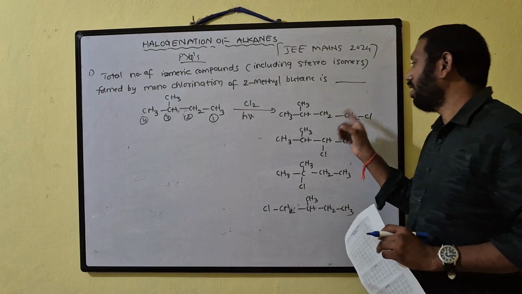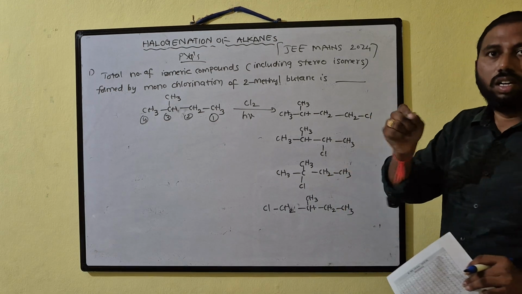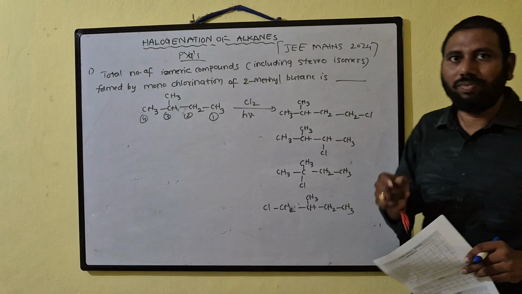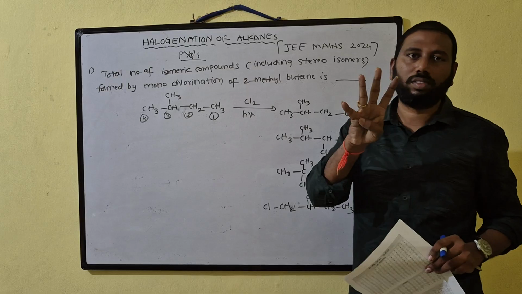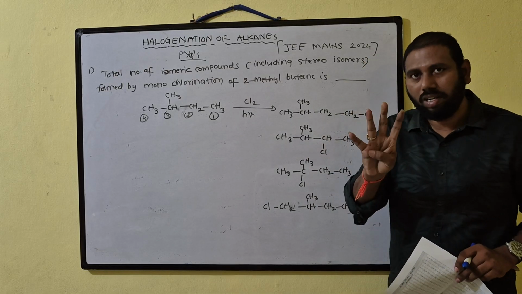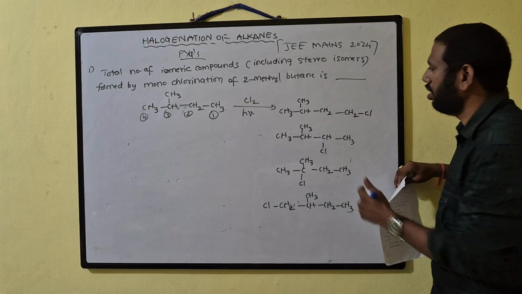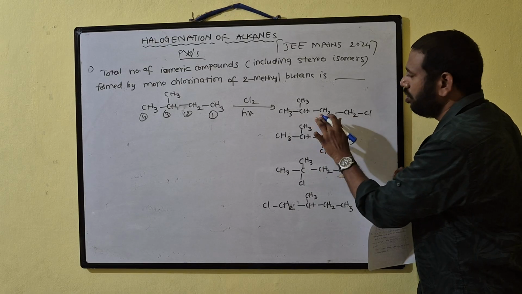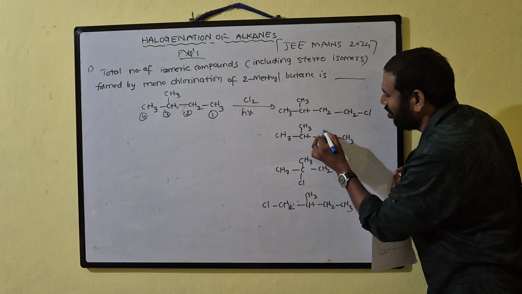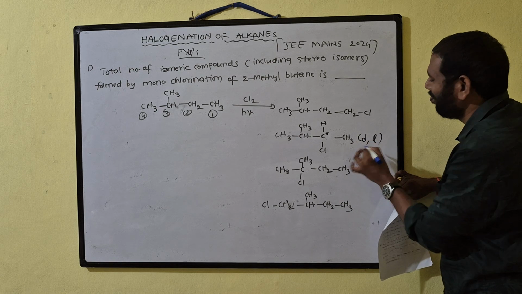Stereoisomers means if any compound contains a chiral carbon, it can form dextro and levo isomers. What is a chiral carbon? A carbon attached to 4 different groups. So here there is no chiral carbon. Here one, it has one chiral carbon, so it can form dextro and levo forms.